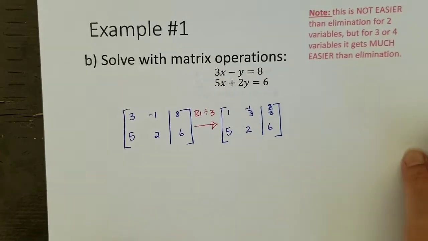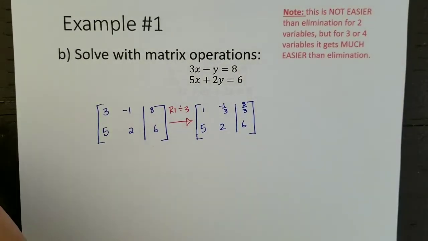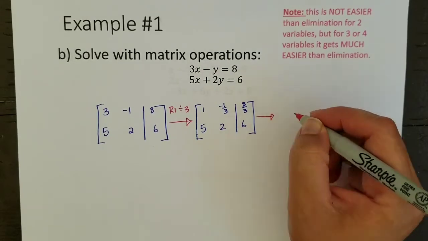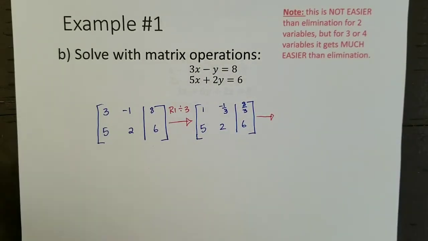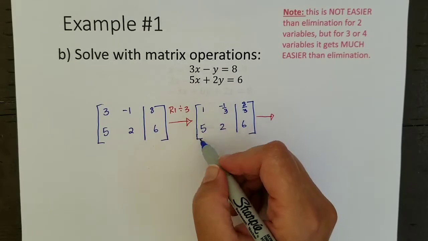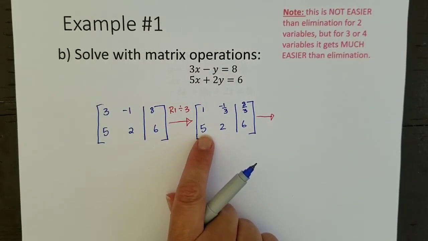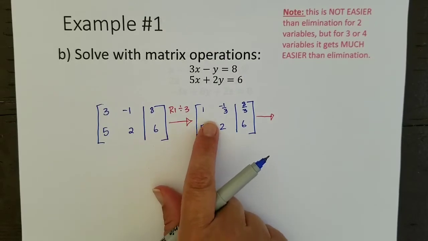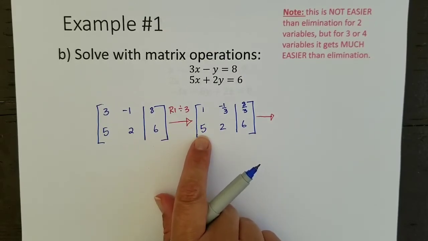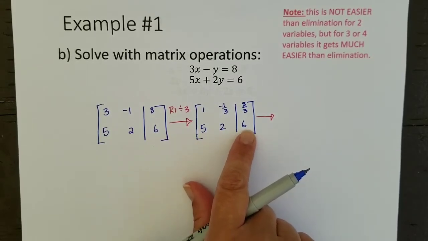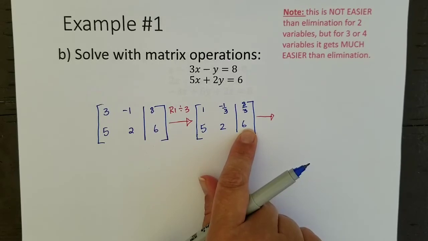You can do multiple steps all at once, absolutely, but for now I'm going to go nice and slow, one step at a time. The next step is to get zeros in the rest of the column. So I want to eliminate that 5. I want to get a 0 there, and I can't multiply or divide. If I multiply by 0 to get that 0, I lose all my information about that row.